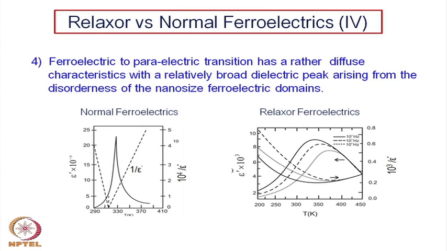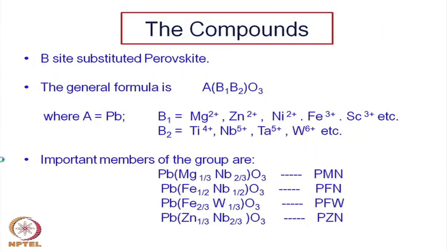So, the domains do not follow a very nice pattern or nice crystallographic orientation, but it is disordered, it is more random in nature, even when it is ferroelectric. Okay. So, these are the four different points of difference between a normal ferroelectric and a Relaxor Ferroelectric.